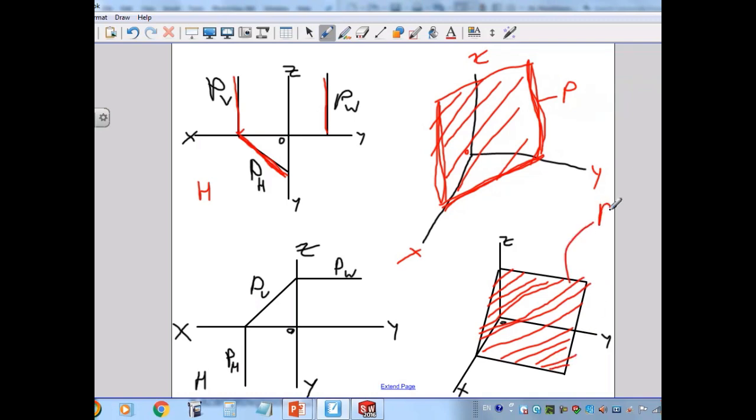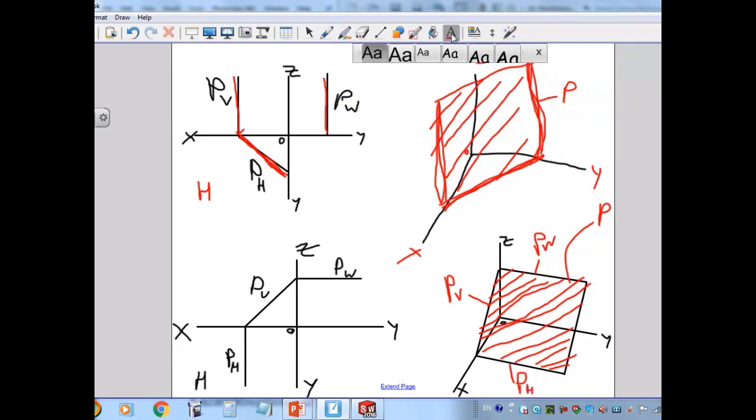So that's the P plane, and the traces are this one. This one is PW, that one is PV, and this one is PH.